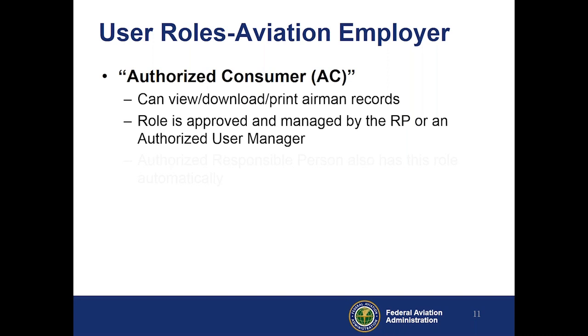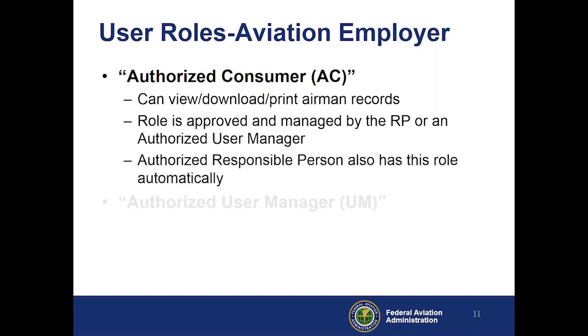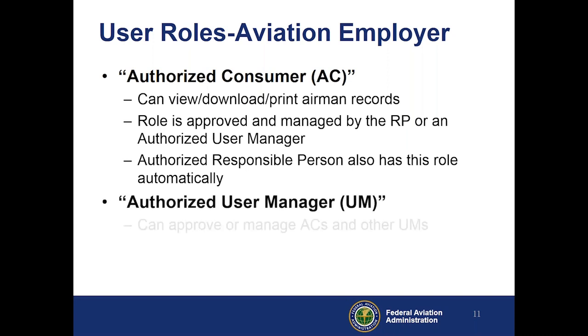And the FAA does not approve these roles. The only one that we approve is the main key role of the responsible person. Everything else is done at the company level. So, and I've mentioned this over and over, authorized responsible person also has this role. So I'm kind of driving that home, okay, that's automatically in there.